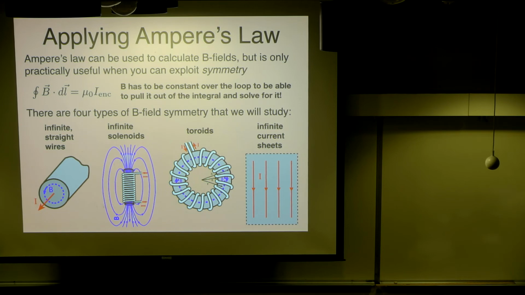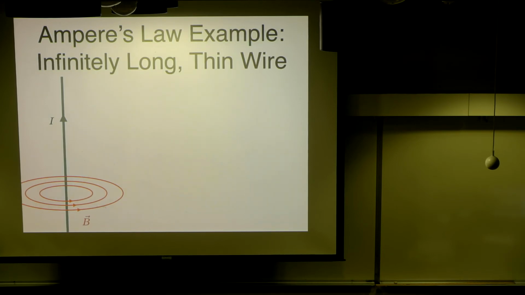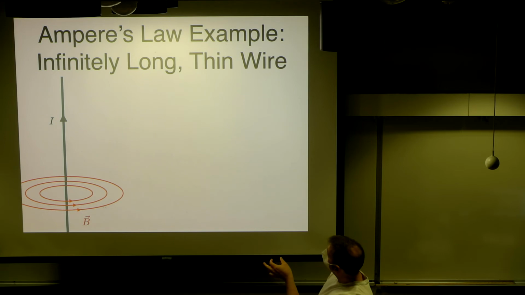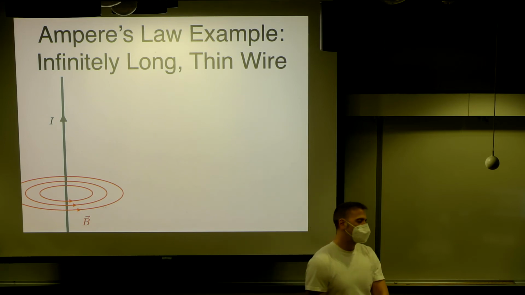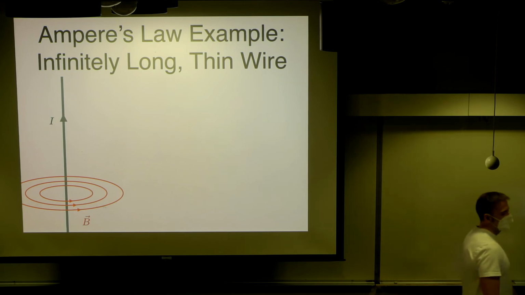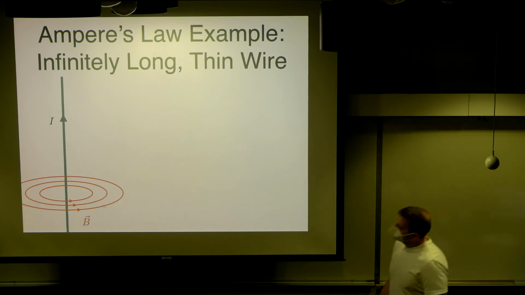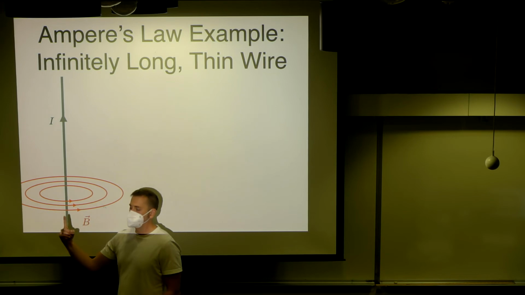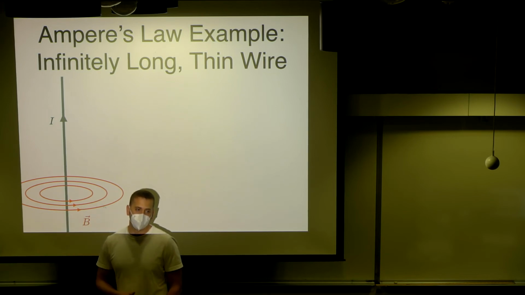Okay? So, let's do the first, probably the simplest example of this, which is, let's say we have an infinitely long wire that's very, very thin. And all we're trying to do is calculate the B field produced by that wire. Okay, so the first thing we can take note of is that the B field forms circular loops around that wire.